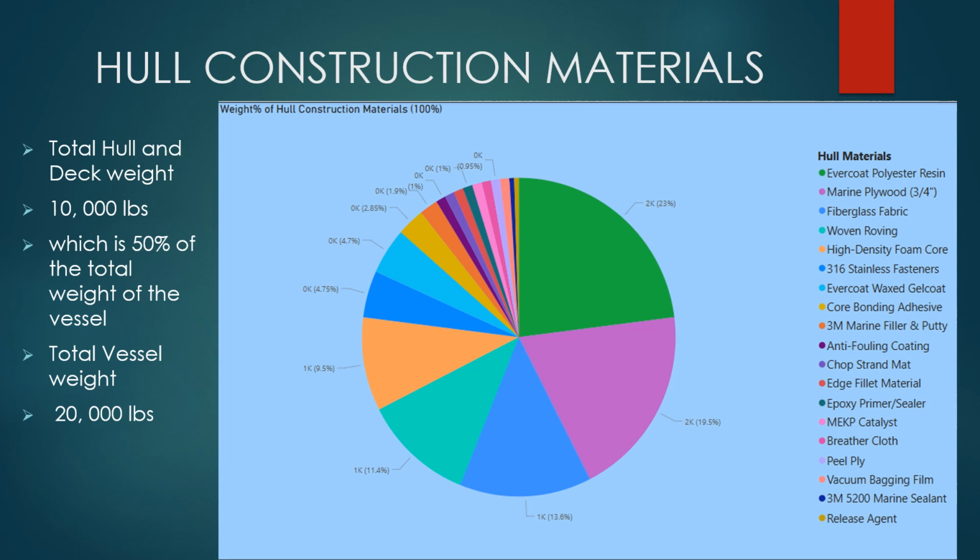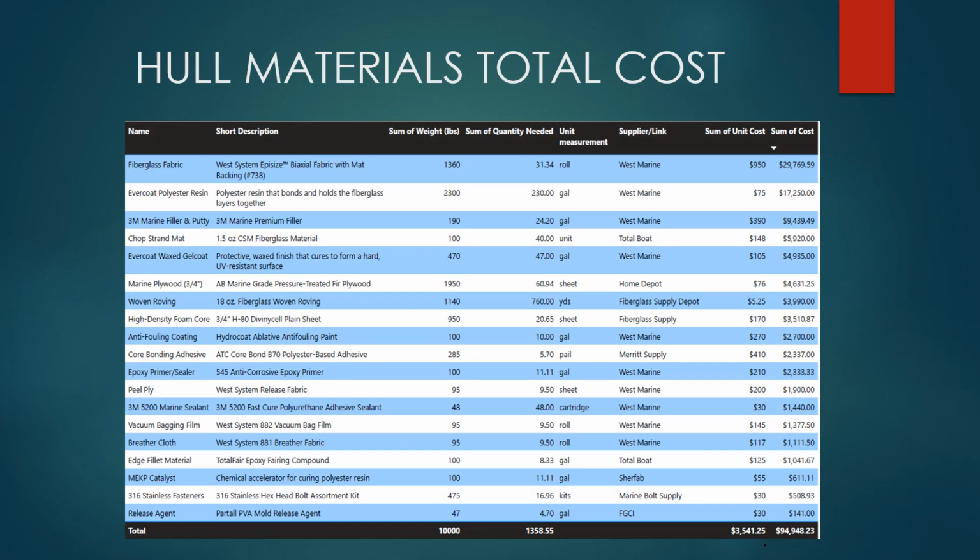We made calculations to get the right quantities and amounts, as shown. For example, the fiberglass material has a total weight of 1,360 pounds, and we will need 31 units, which we can get from West Marine.